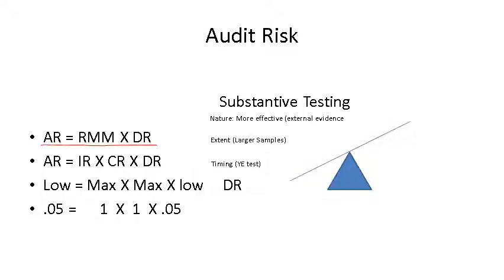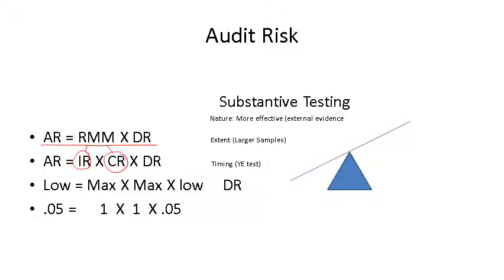Now, when we look at our risk of material misstatement, again, we consider inherent risk, and we consider our control risk. Let's say we look at the nature of this jewelry shop's business, and they're selling rings and diamonds and small items that are high value, probably pretty easy to steal, and we're considering maybe a bad economy.